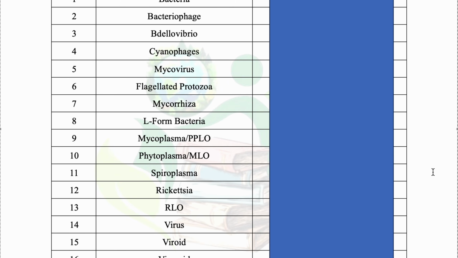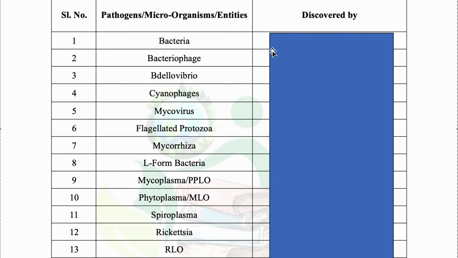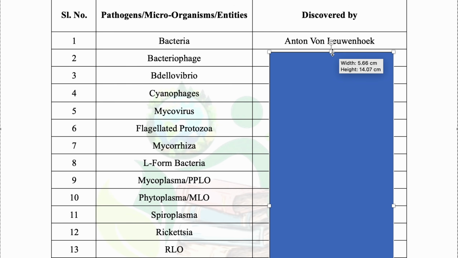I will hide the answer, means the names of the discoverers, and we will try to guess them correctly together. Okay, let's see how it works. For bacteria, it was discovered by, you can guess with me, or if you already know. Okay, it was Anton van Leeuwenhoek. Let's see if we have done it right. Yes, it's Anton van Leeuwenhoek.